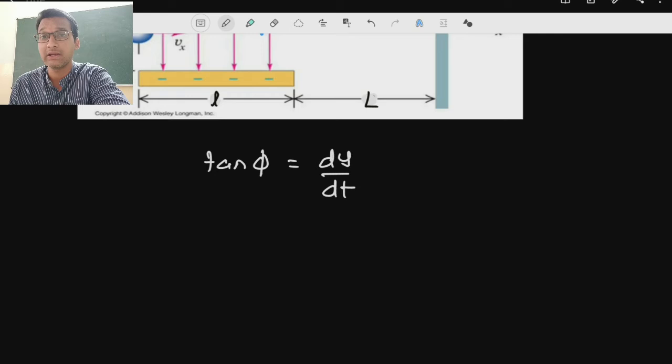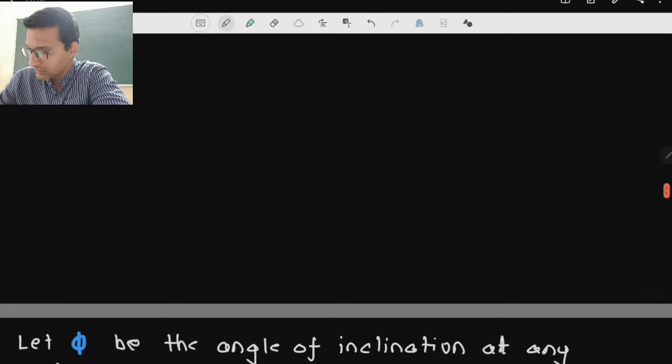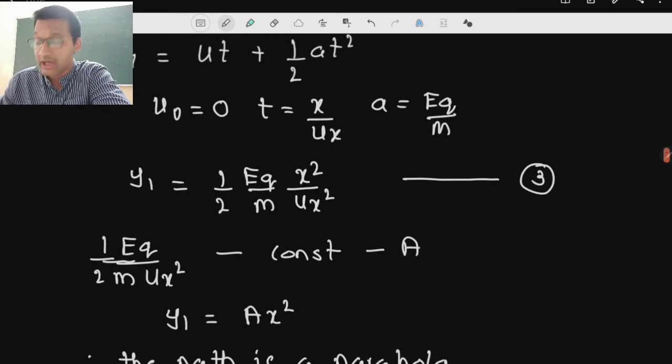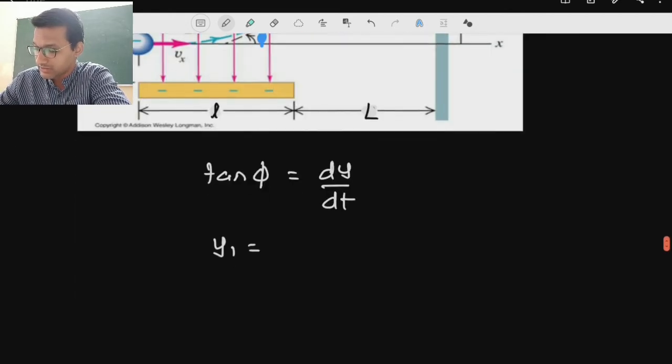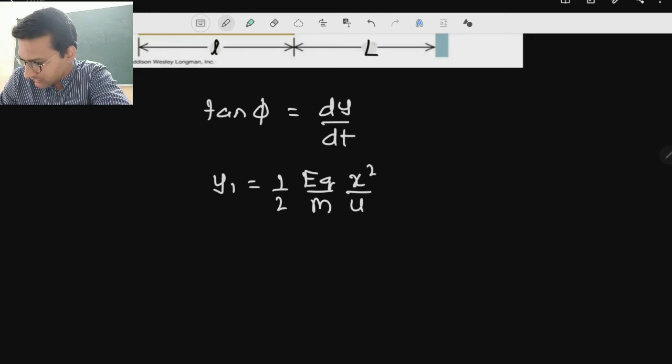Now what is y we know. y1 we have already found out, that is 1 half eq by m x square divided by ux square. Let us write this value, 1 half eq by m x square divided by ux square.